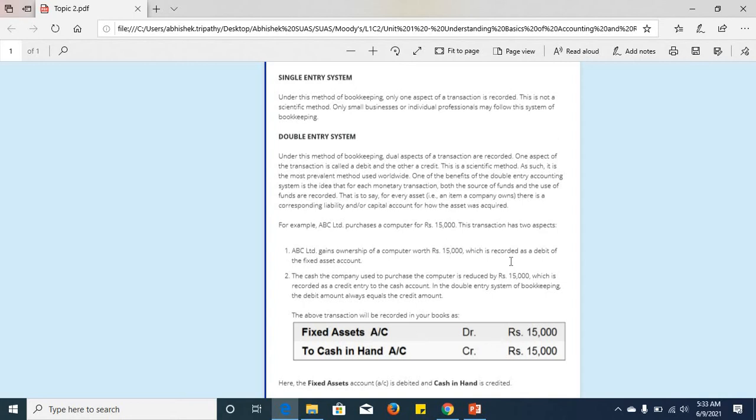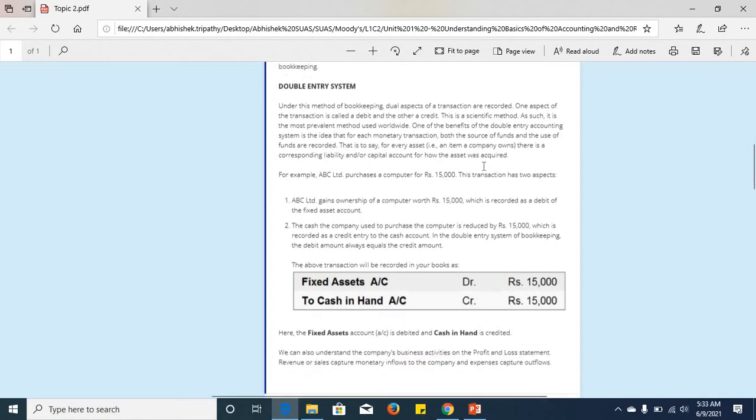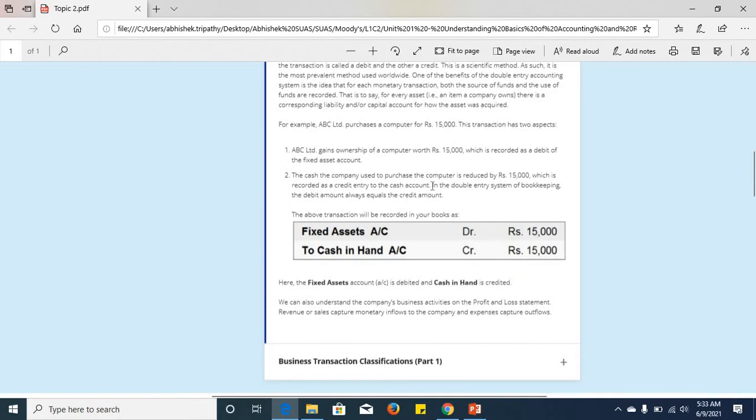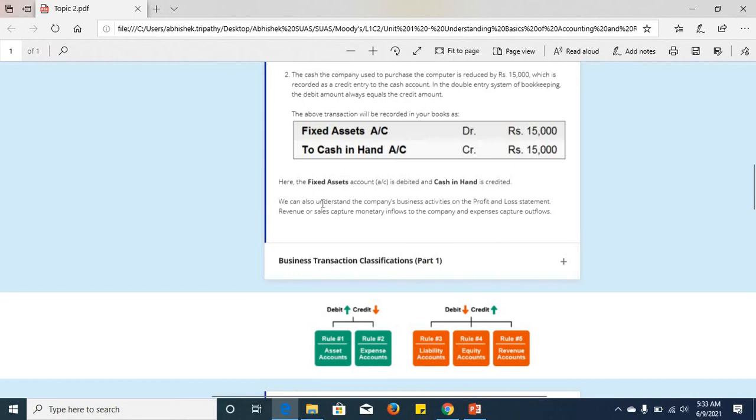So, for example, if ABC Limited purchases a computer for rupees 15,000, the transaction has two aspects. First, it is purchasing an asset, a computer of 15,000. Then that will be recorded in fixed assets. Plus, the cash is going out, so cash is to be credited. So here, fixed asset is debited 15,000 and cash is credited 15,000. We already know how it works.